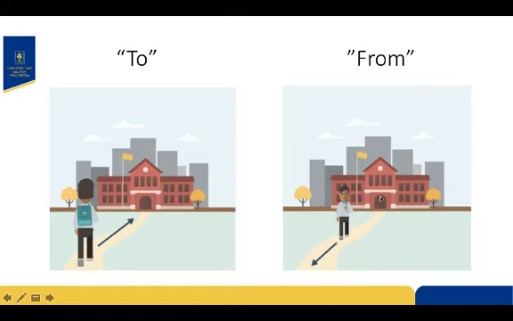We can say that Ahmad is walking to a university building. And on the right side, we can say that Ahmad is walking from the university building.